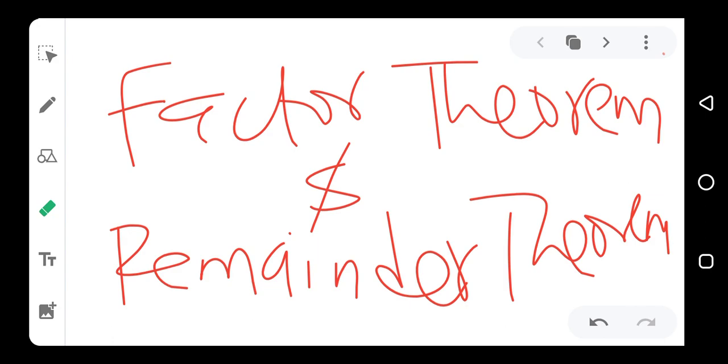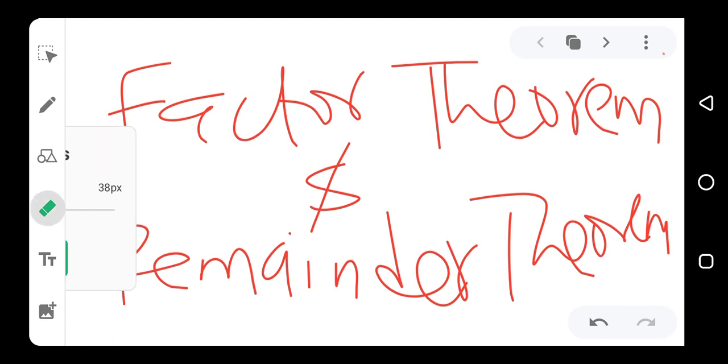Therefore, any value that satisfies as the factor of a polynomial can serve as the root of the polynomial or function.